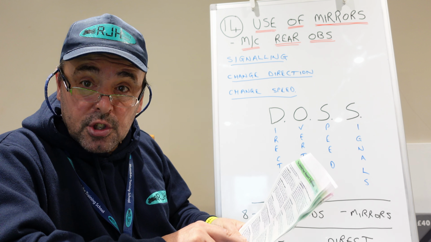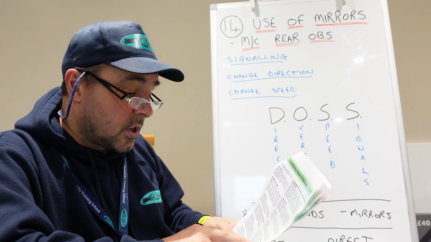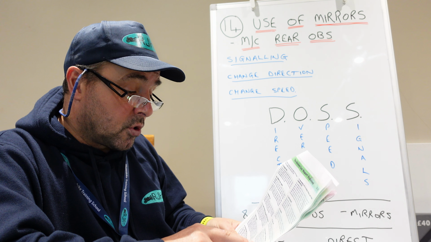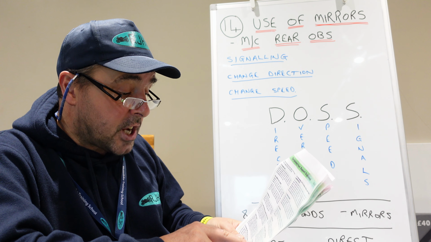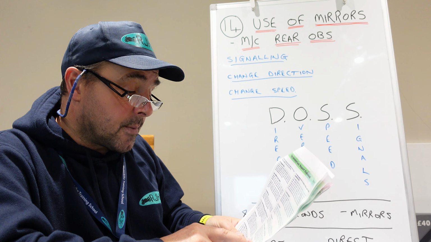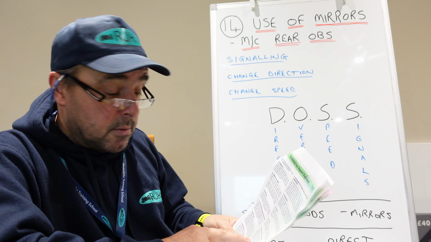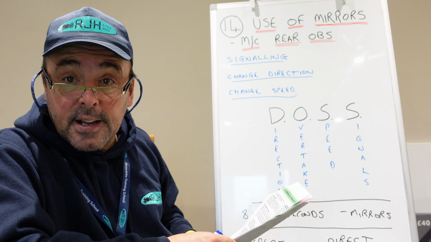Where mirrors are not enough, for example to cover your blind spots, then you must take effective rear observations. You must always check this carefully before signalling, changing direction or changing speed. You need to demonstrate that you can use the mirror signal manoeuvre or observation signal manoeuvre, OSM, routine effectively.